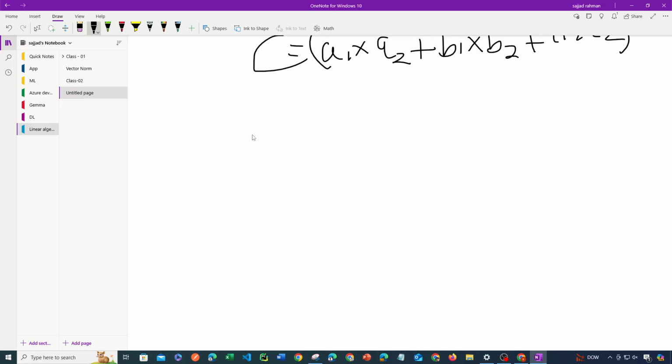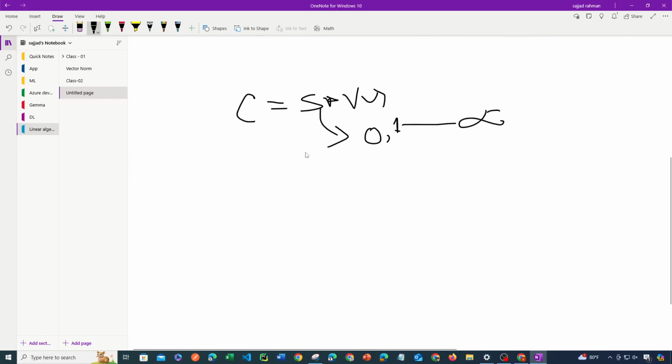First of all, we write the formula like this. B means vector and n means any scalar value except zero. We know that zero can vanish everything. So the scalar can be from 1 to infinity or negative, whatever.